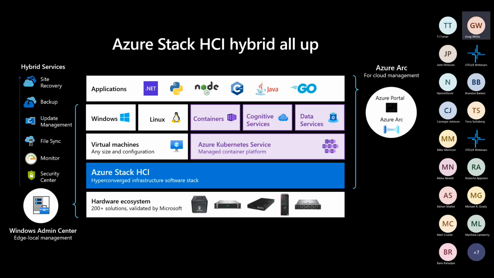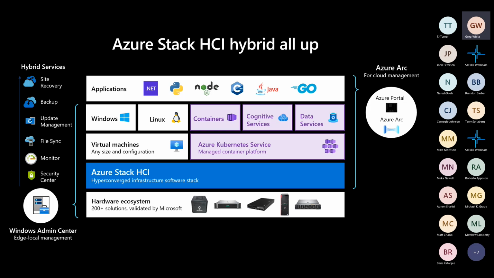Now, looking at, again, a complete deployment, this is really just showing you where everything falls into. So across the bottom, obviously, is the hardware ecosystem that's required, and there's currently over 200 solutions that Microsoft has identified that are validated and supported for Azure Stack HCI. You have the Azure Stack HCI itself, which again is that foundational technology of which you can build virtual machines or that wealth of other services we described that are built on top of something like Azure Kubernetes Service.